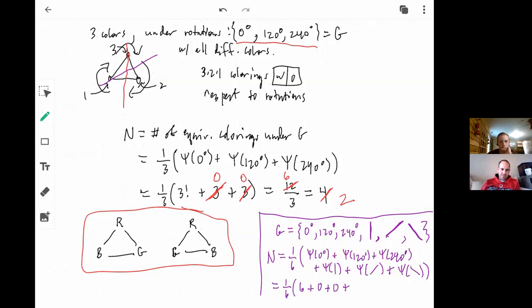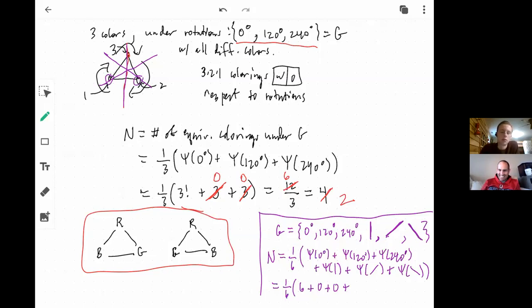How many things are fixed by vertical rotation? So if we have the three have to be different. Is it possible? No, because these would have to be the same color.